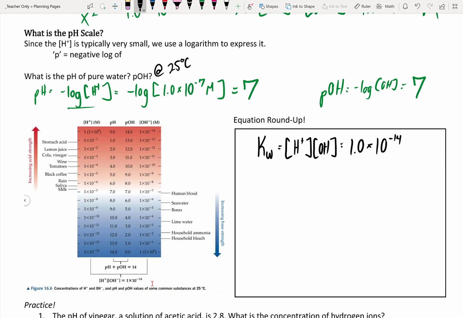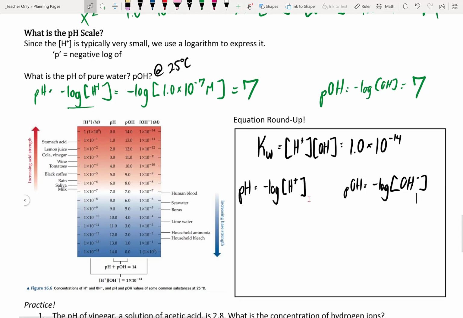You also have the pH equals negative log of the H plus concentration, and pOH equals negative log of the OH minus concentration. But these allow you to do some other cool things.